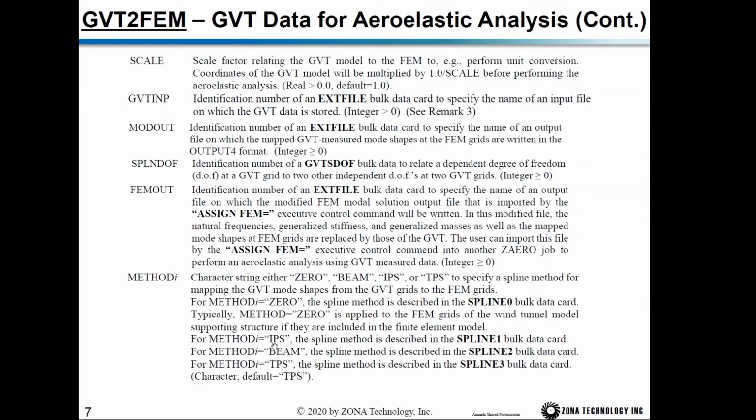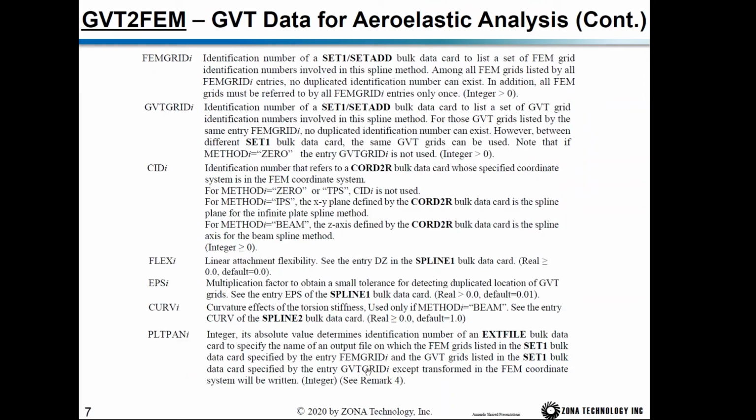If METHOD is IPS, then you use the infinite plane spline method. If you use BEAM, you use the beam spline method. If it's TPS, you use the thin plate spline method. The next is FEM GRID. It is an ID of a SET1 or SETADD card to list a set of FEM grid IDs involved in the spline.